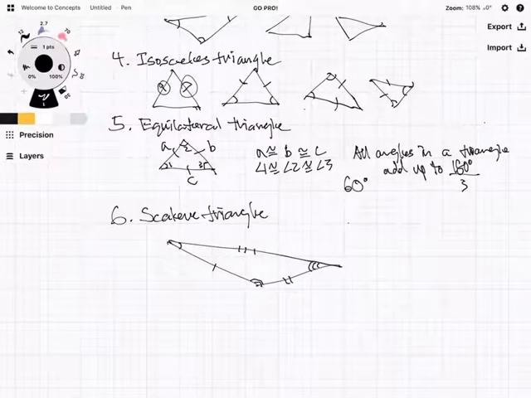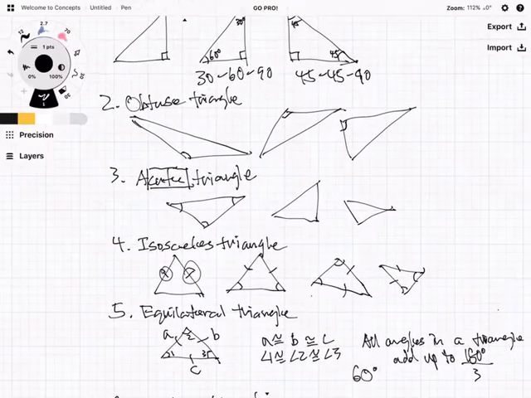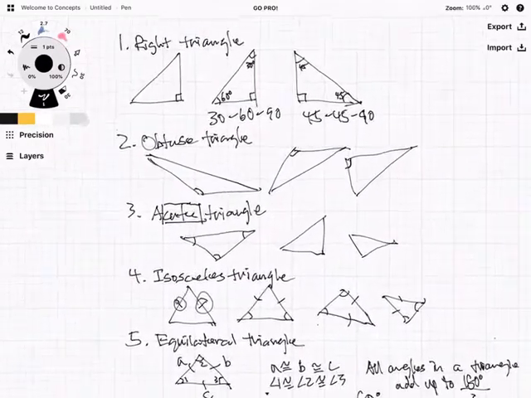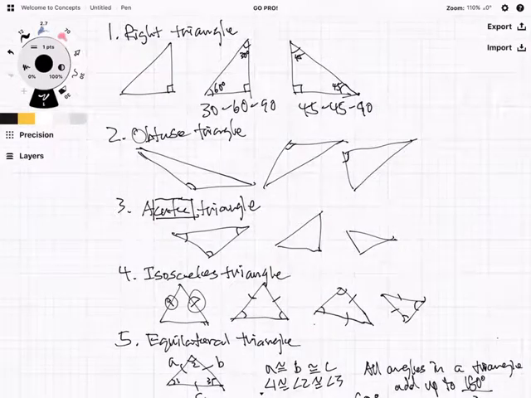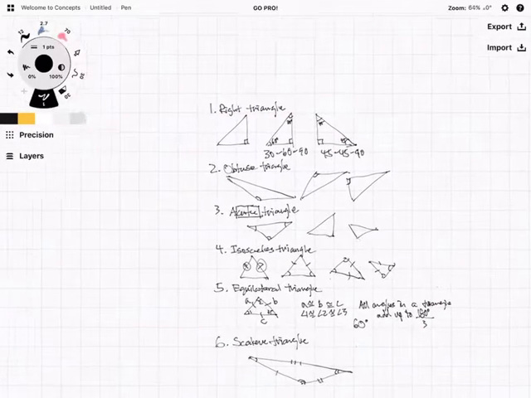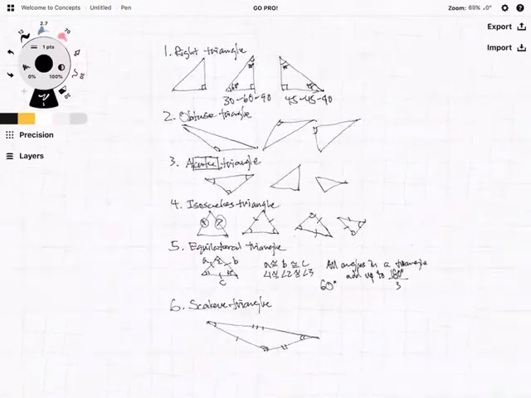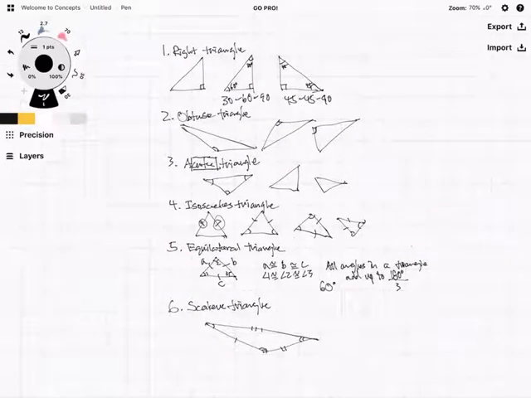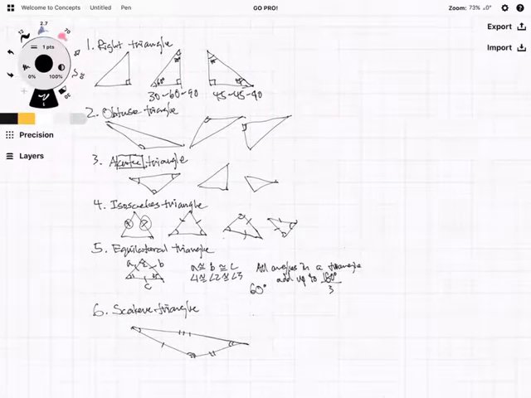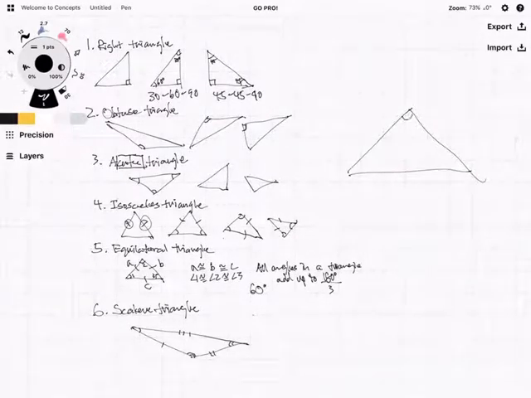Now that we have all of these triangles, you're probably wondering, for example, I could technically have an obtuse triangle, and let's say this triangle right here has a measure of 120 degrees.